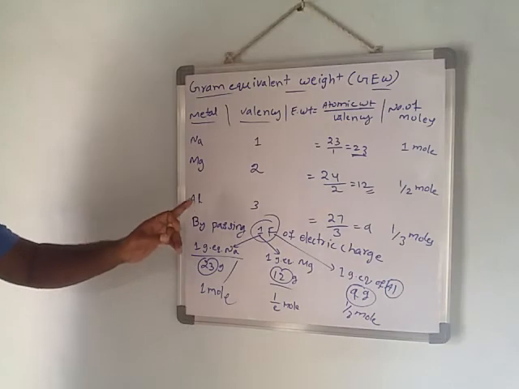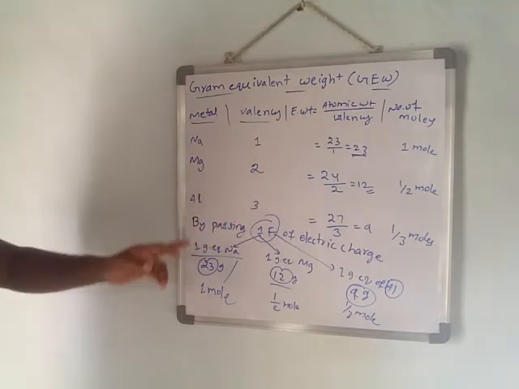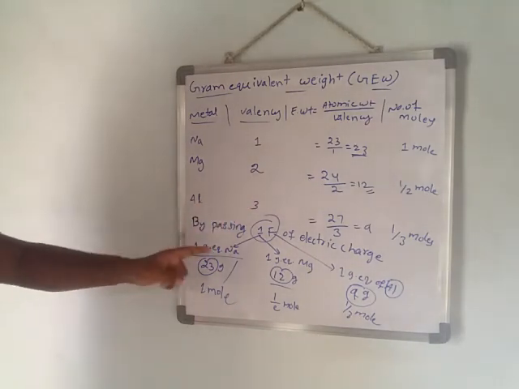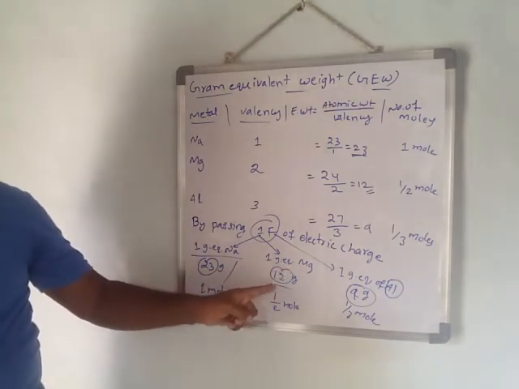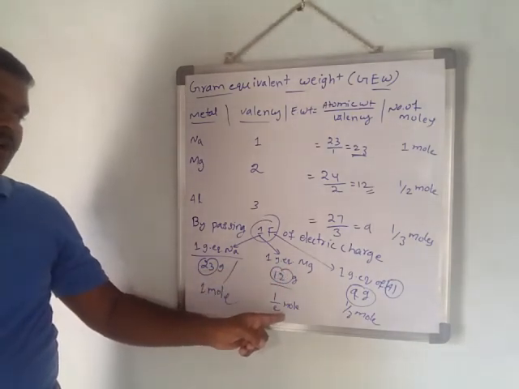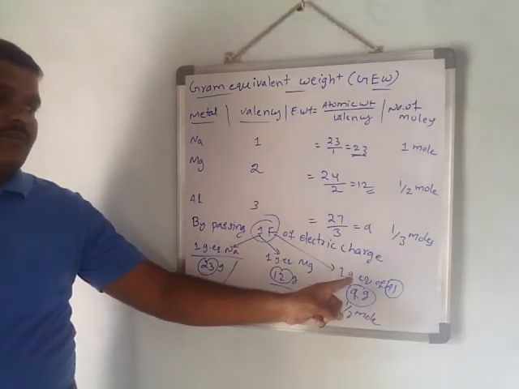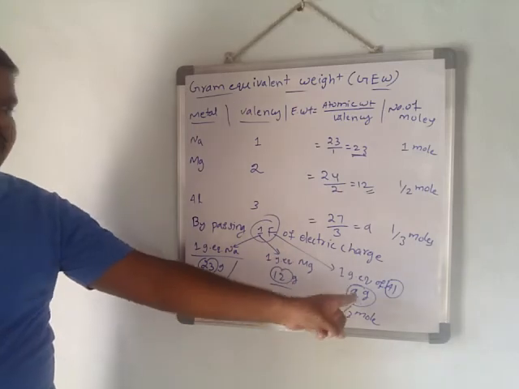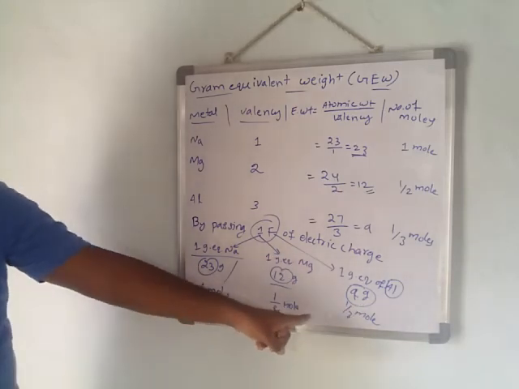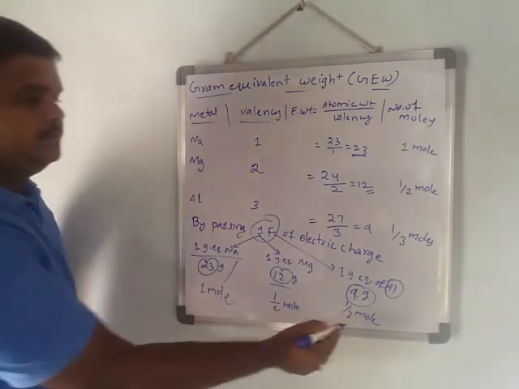So by passing 1 Faraday of electric charge, 23 grams or 1 mole of sodium can be deposited, 1 gram equivalent weight of 12 grams of magnesium or half mole. Next, 1 gram equivalent weight of aluminium is deposited by passing 1 Faraday, that is 9 grams, equal to 1 by 3 mole.